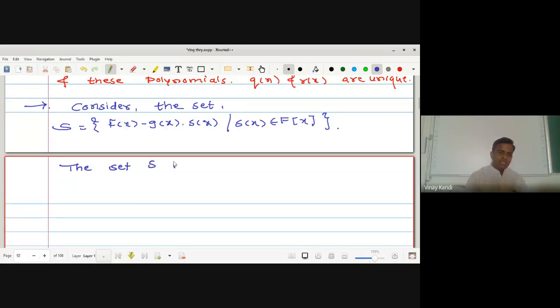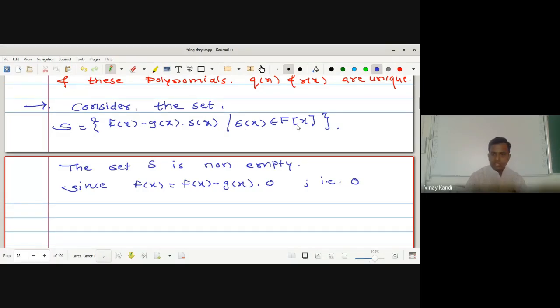The set S is non-empty. Why? Because f of x I can write as f of x minus g of x into 0, the zero polynomial. Where is your s of x? It is 0.